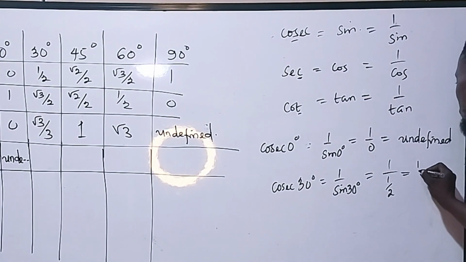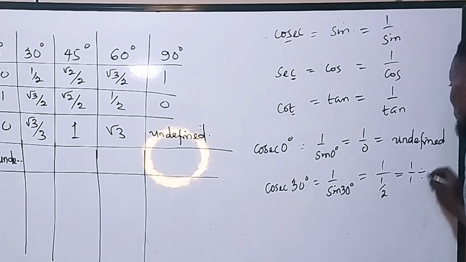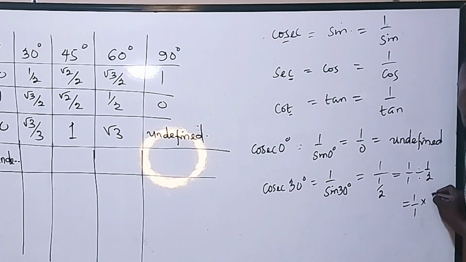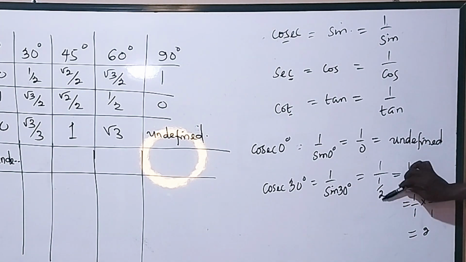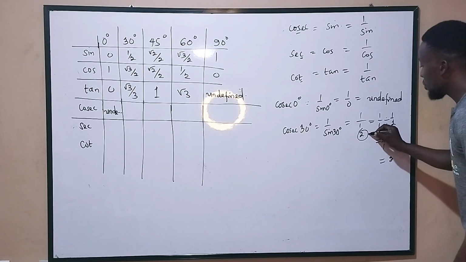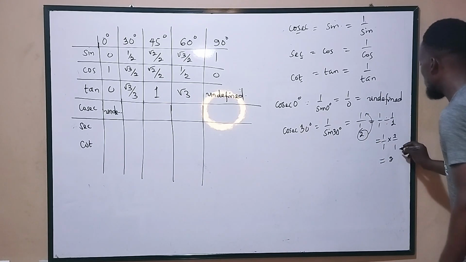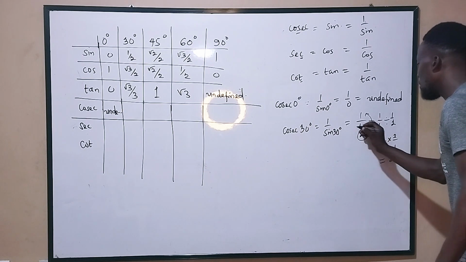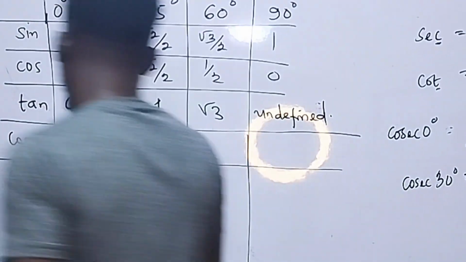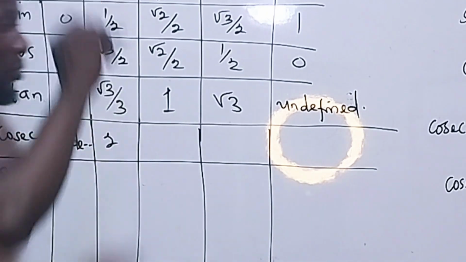So that will be 1 over 1 divided by 1 over 2, which is 1 over 1 times 2 over 1, and that will be 2. But instead of going through this, we are no longer in primary school. Just use this to multiply this. That is, you say the 2 at the denominator will multiply this 2 times 1, and you divide it by what you have under it here, and that will be 2. So please take note of that.